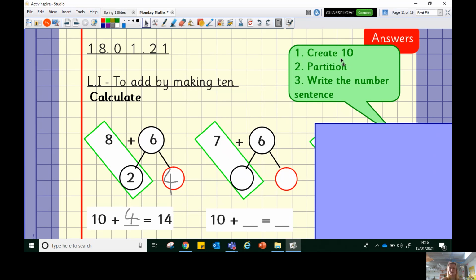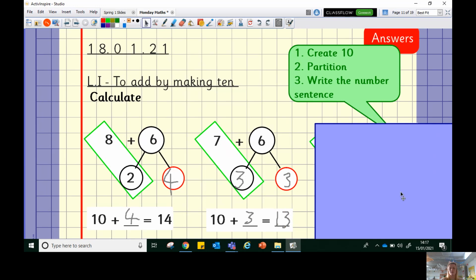Now the first thing I need to do is create 10. Okay, so 7 and something make 10. Correct. 7 and 3. Okay, it's already filled in here as 10. Now I need to partition 6. So part of 6 is 3, and the other part of 6 is 3, because I know that 3 and 3 makes 6. So then I've got 10 plus 3, and that makes 13.